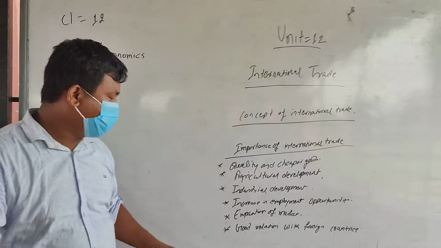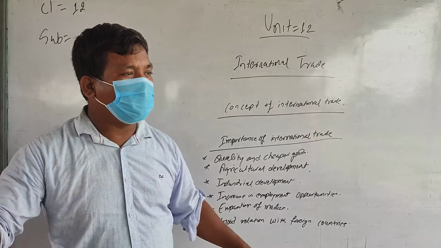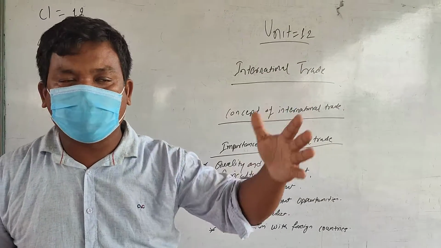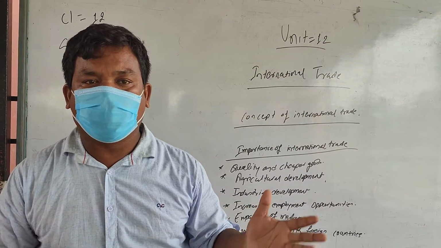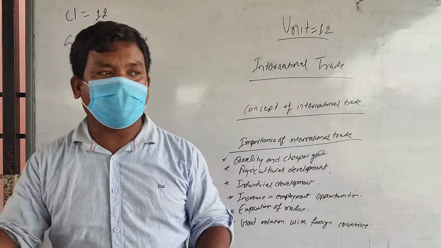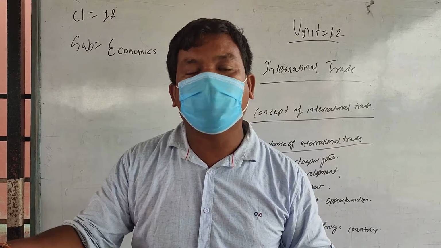Now next is good relations with foreign countries. Definitely, when you do international trade, when you import goods and services from one country to another, people of different countries are involved in that process. So when people of different countries are involved, it also creates a relation with them. It brings us good relations with them.